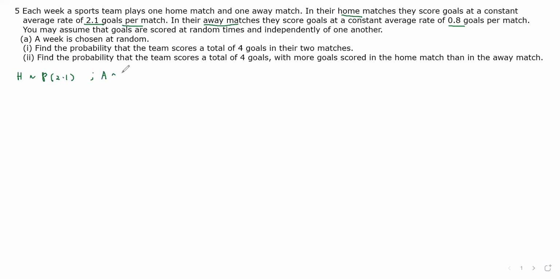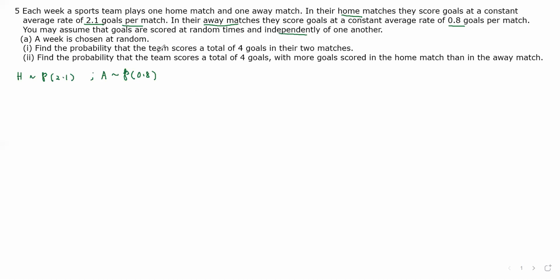So for away matches, this is a Poisson random variable with an average of 0.8. That would be the value of lambda. You may assume that goals are scored at random times and independently of one another.